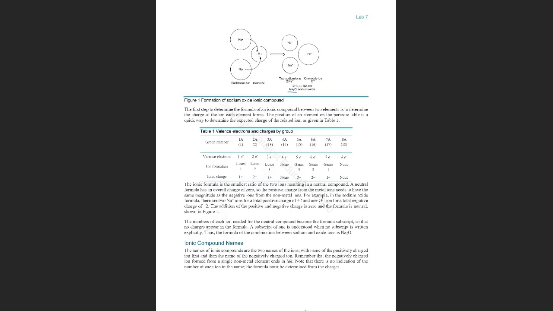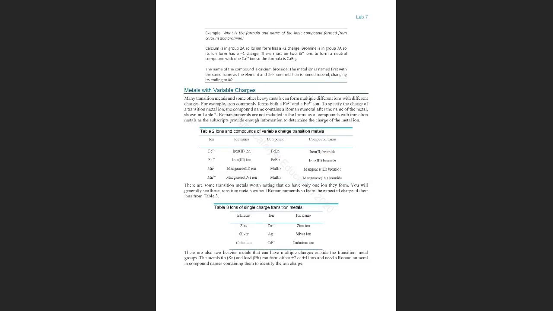So let's look at some of these naming and writing of ionic formulas. In the cases of metals with variable charges, like the transition metals, you can't predict what their charge is based on the periodic table, based on what group they're in. So you have to look at what they're bonded to, or it has to be given to you.